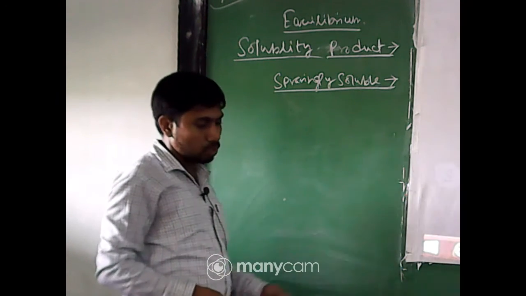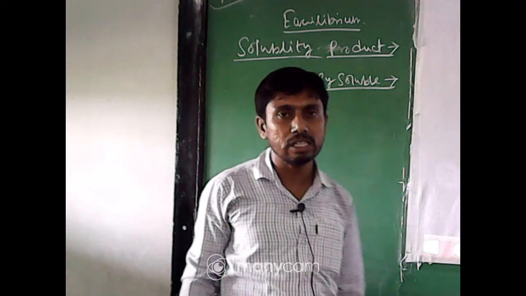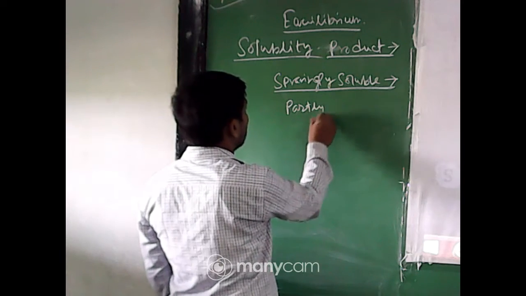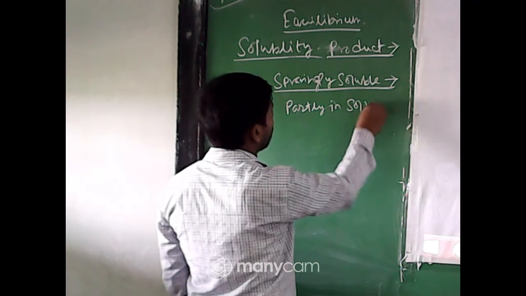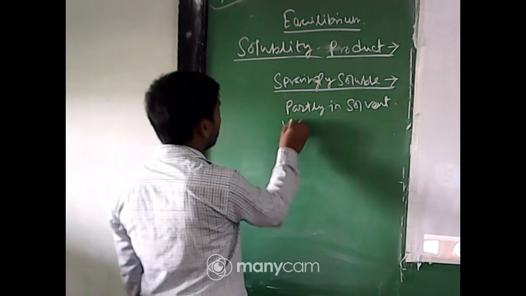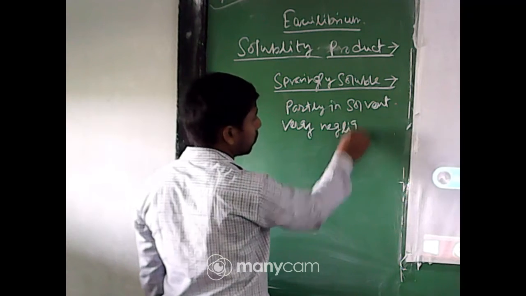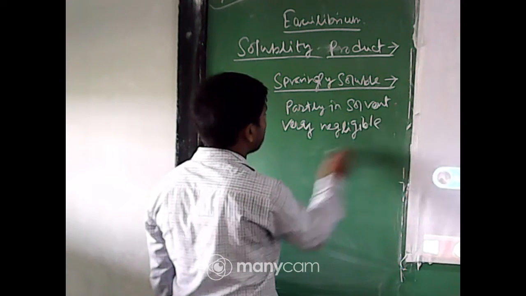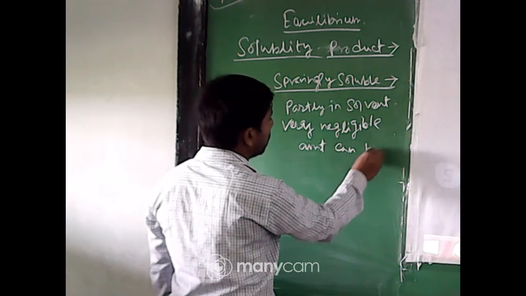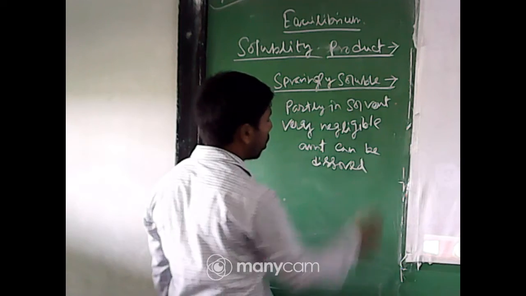The salts which dissolve partly in the solvent, or of which a very negligible amount can be dissolved. These are called sparingly soluble salts.